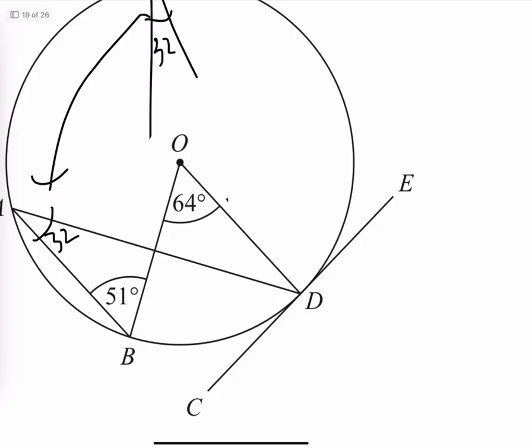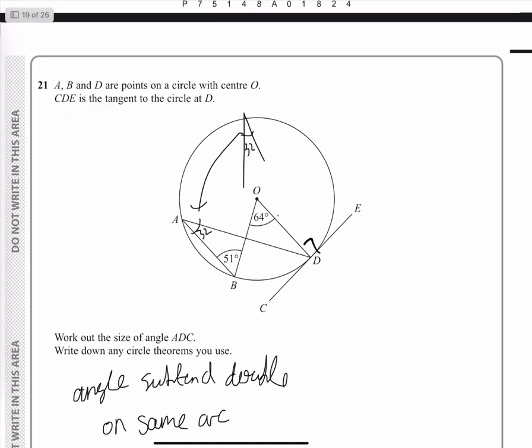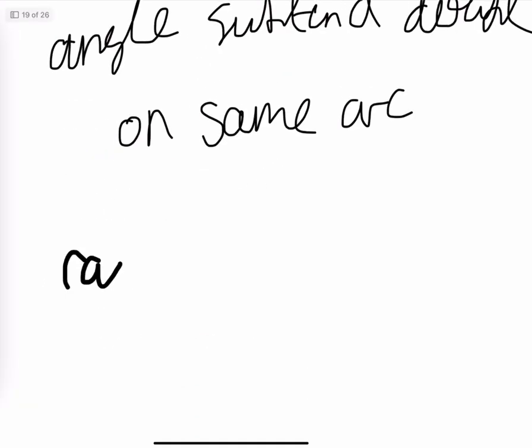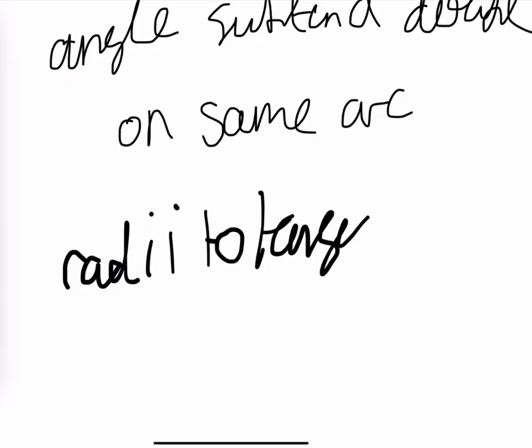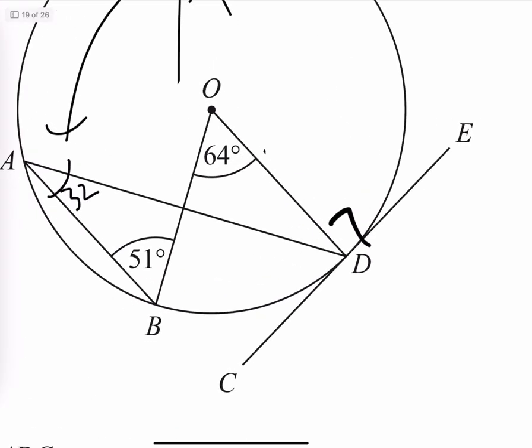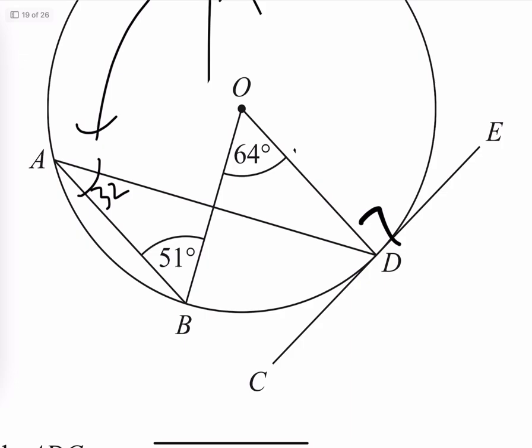We also know that radii tangent is 90 degrees. So we know that's 90 degrees. So this is also 90 degrees. So that's 32 plus 51. That would give us 83. This adds up. So this is 97. Oh, why am I in this pen?